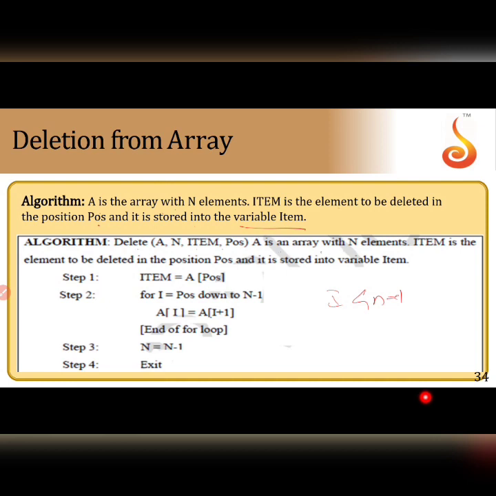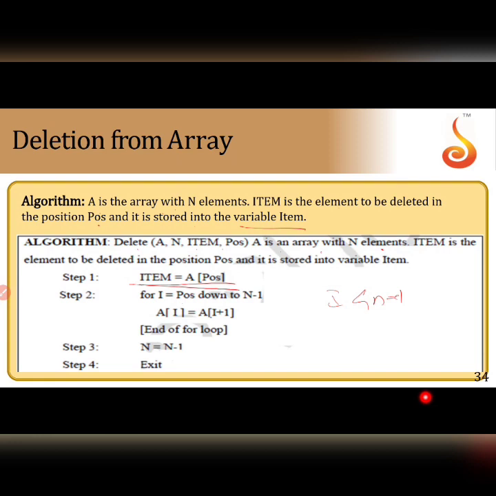A is an array, n is the number of elements in the array, item is the thing which has to be deleted in the position POS. So you are storing the element which is present in that location into a variable called item. Item first, before deletion you need to take it, otherwise after deletion you will not be able to retrieve it.